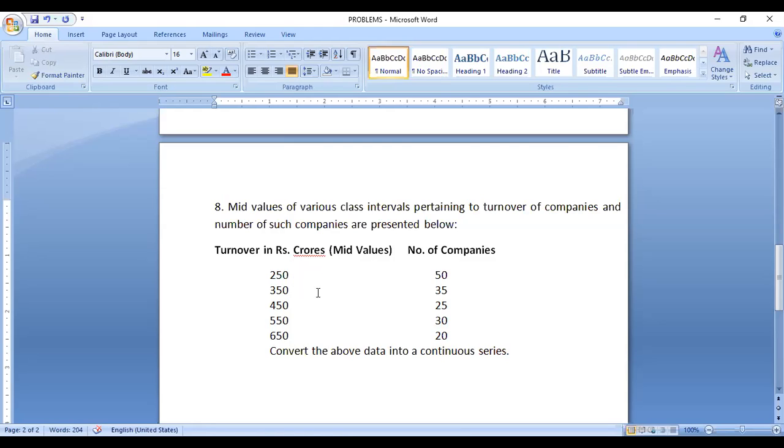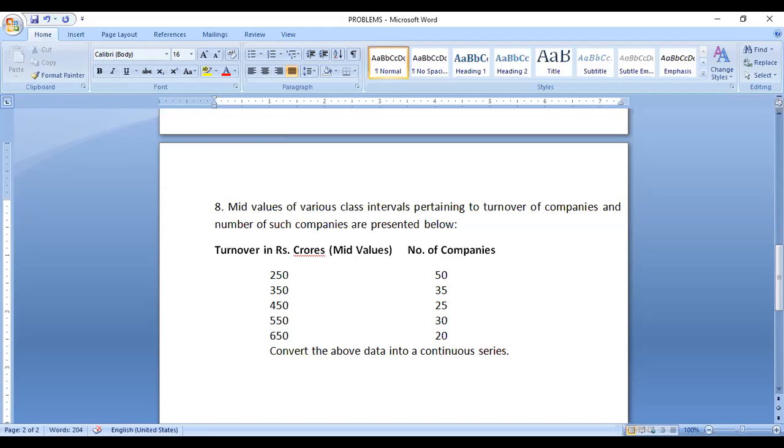Mid values, you know, in the introductory class I have mentioned mid value refers to upper limit plus lower limit by 2 of a class will give us mid values. Now from mid values we have to find out classes, and how to find we will do in this problem.